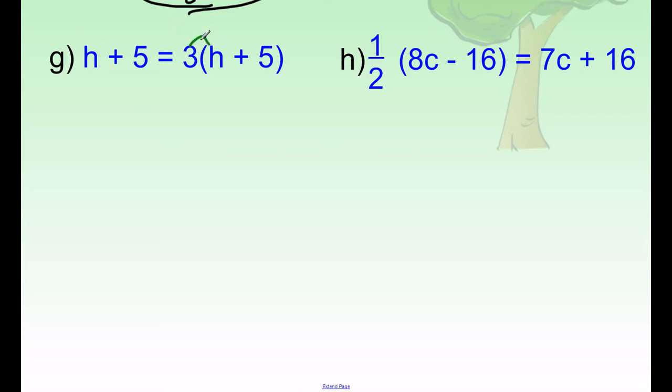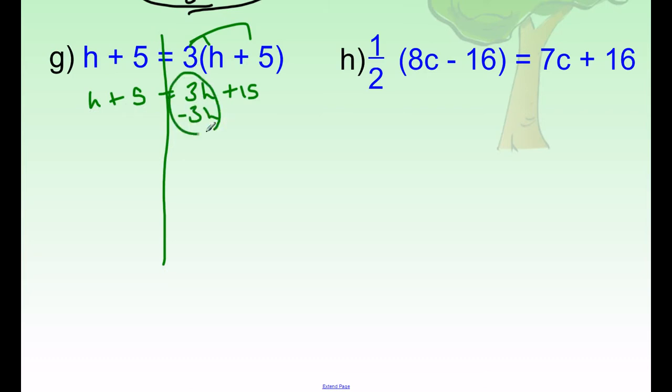Let's see, I'm going to distribute here. 3 times h is 3h, 3 times 5 is 15, and h plus 5 here. There's no more parentheses. There's no combining like terms. I do have variables on both sides, so I'm going to subtract 3h here. He's gone. Subtract 3h here.